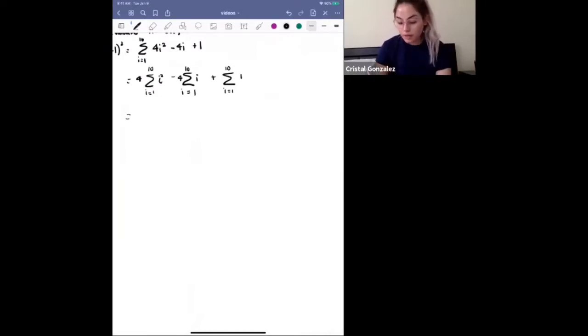So here we're going to get 4 times, and I'm going to do big parentheses over this. Remember that for this one, it was n times n plus 1 times 2n plus 1 all over 6. If we plug that into our formula, we would get 10 for n, then 11, and then 10 times 2, which is 20, plus 1, that's our 21, all over 6.